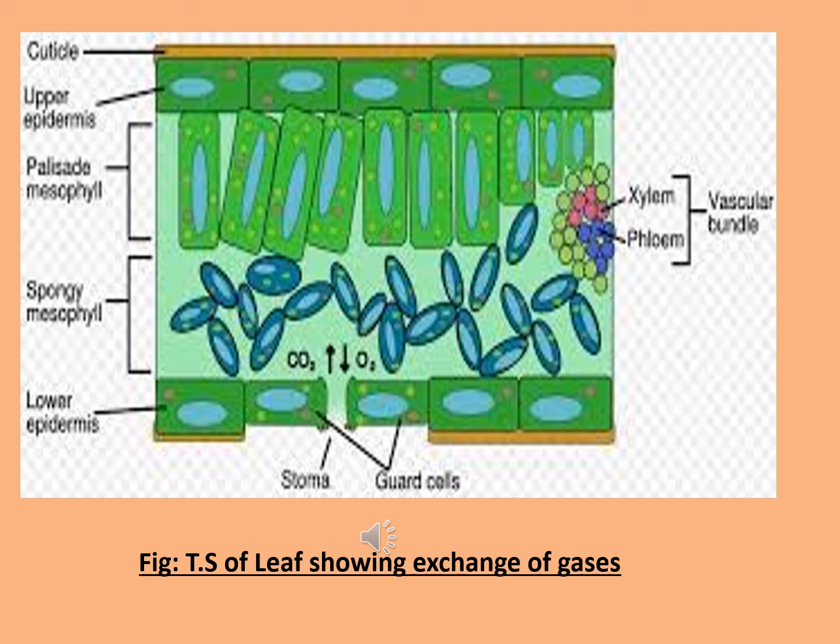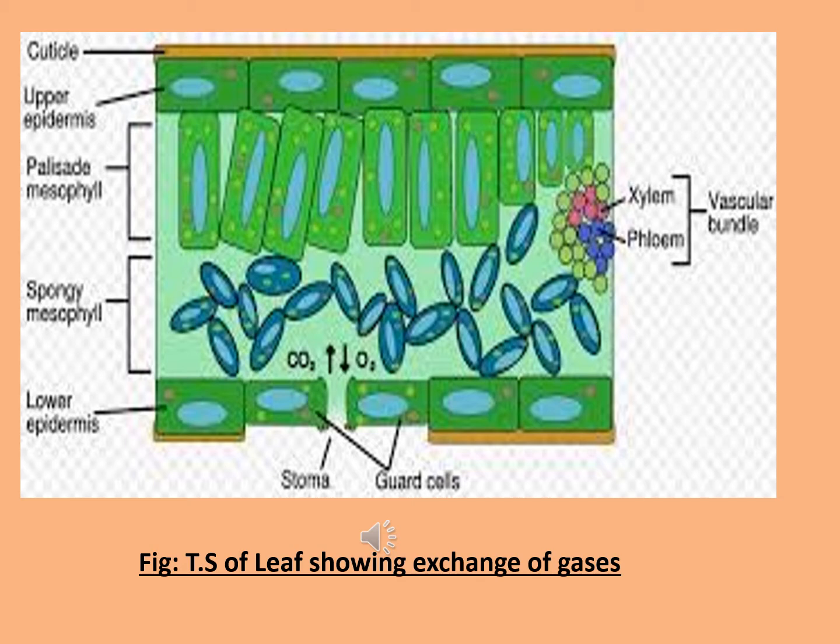This is the transverse section of a leaf. We can see in the diagram the leaf is covered by two limiting layers called epidermis. The epidermal layer which is found inside is called lower epidermis.